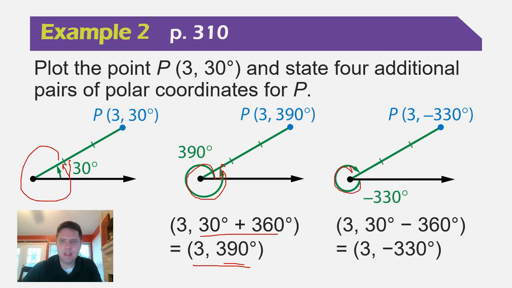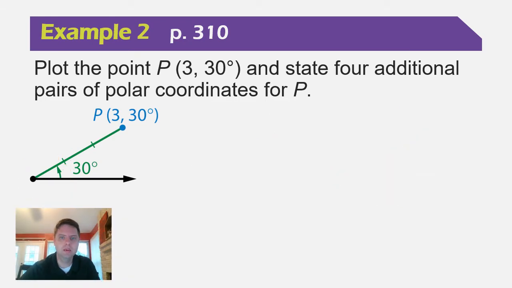If this was 30 here, then it would be 30 minus 360, which would get us to negative 330 degrees. So that would also represent that same point. Now we could just keep adding 2 pi or 360 and get all of our 4 different ones.